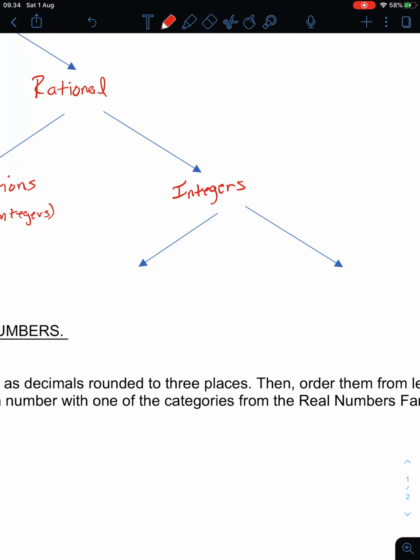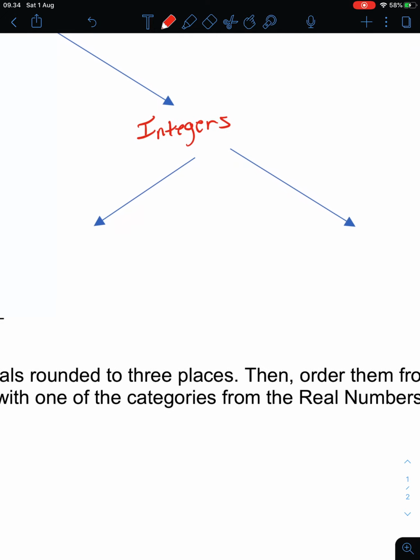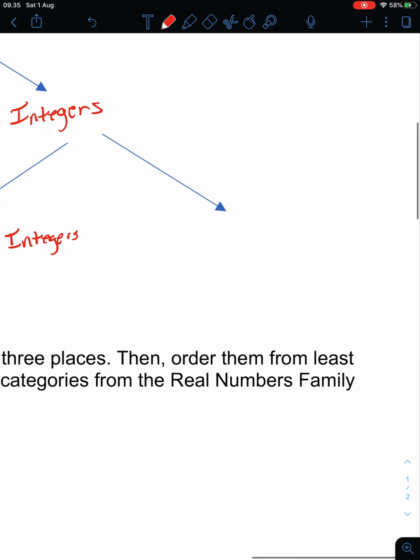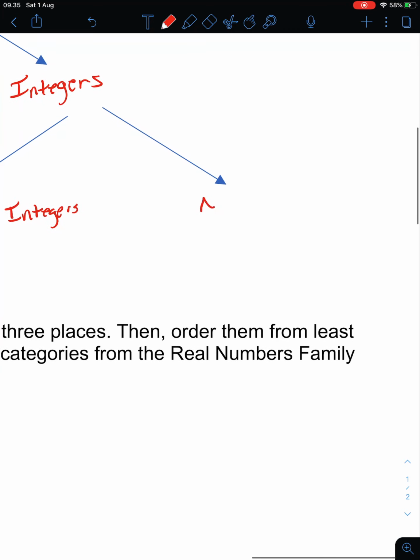All right, and then in integers, it's pretty simple, right? We have positive integers. And we have negative integers.